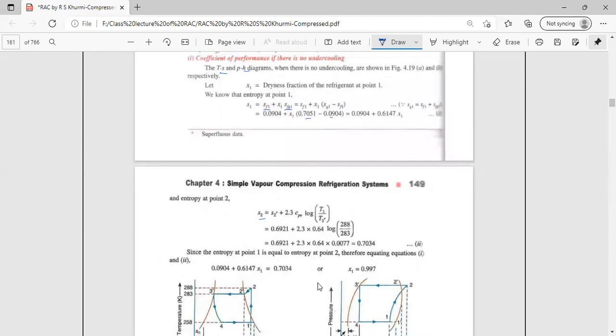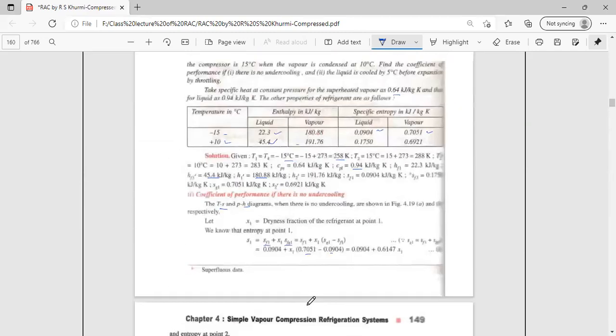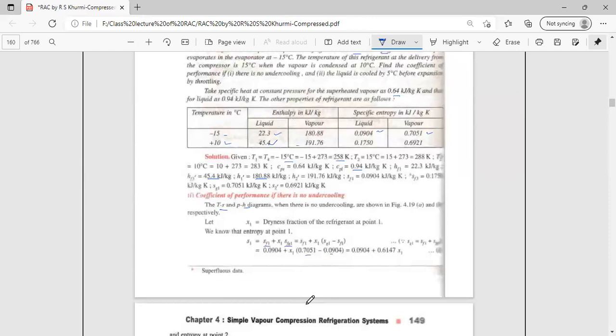Thus the entropy S2 dash, the entropy at vapor state at high temperature and pressure, is 0.692.